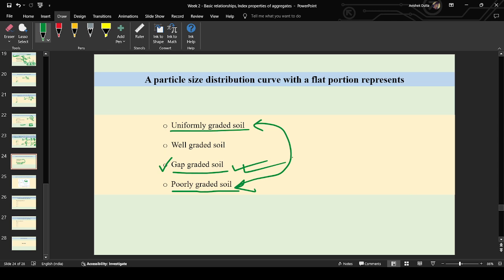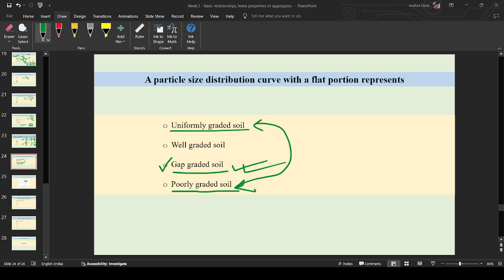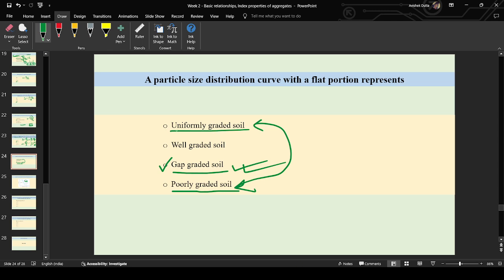Gap graded soil, by common knowledge or by definition, is also not a good soil, obviously. So it is poorly graded soil. But the terms gap graded soil and poorly graded soil are not used interchangeably. The exactly matching answer is gap graded. If the answer were uniformly graded soil, then this would have been a multiple select question with both as answers.